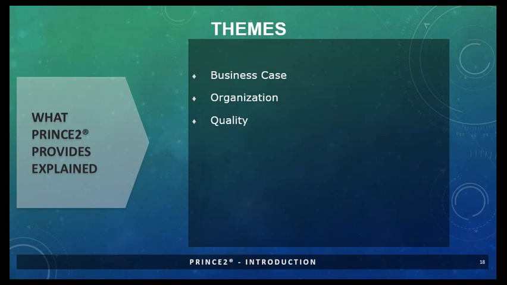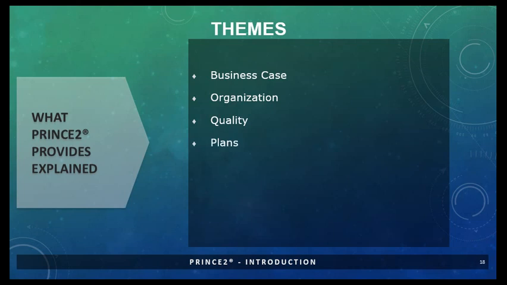Quality theme explains how this outline is developed so that all the participants understand the quality requirements that are going to be delivered with the project, and also how the project management team will ensure that these requirements are delivered eventually as a product or a service.